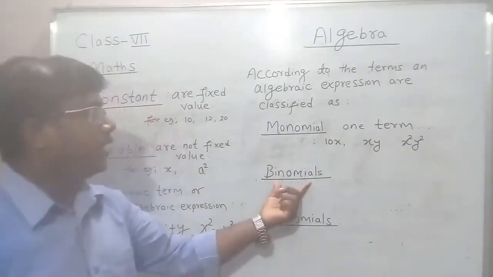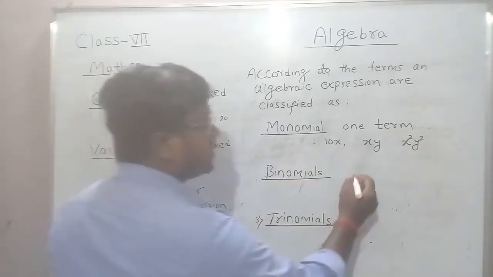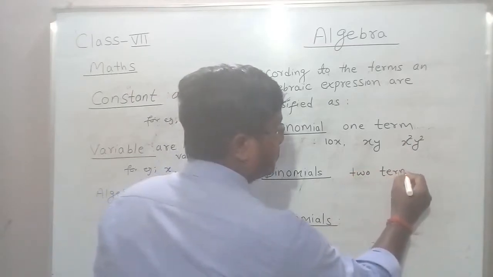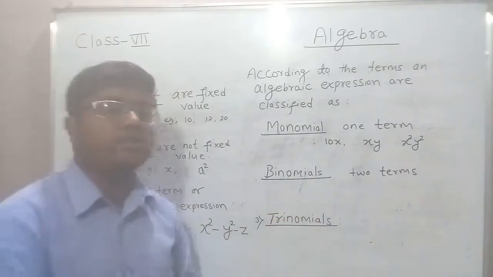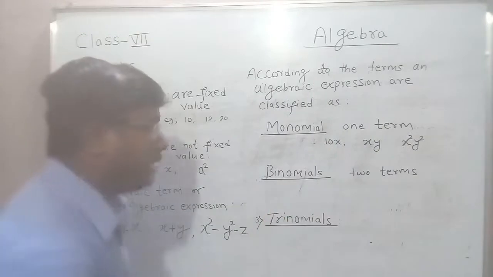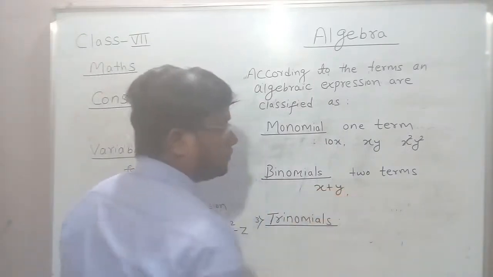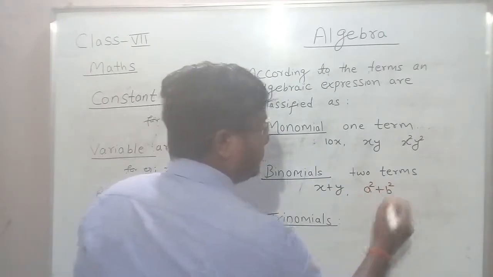Similarly, a binomial has two terms. An algebraic expression having two terms is called a binomial. For example, x plus y, or a square plus b square.